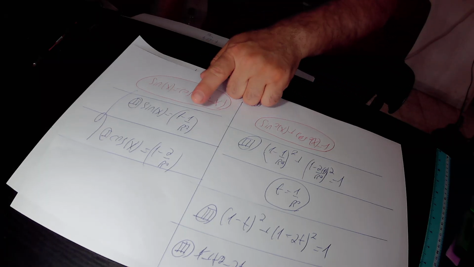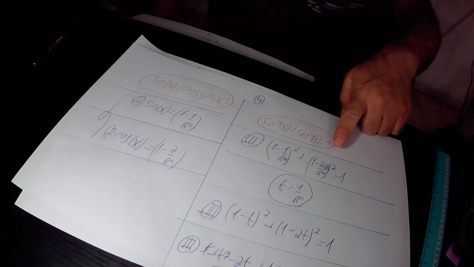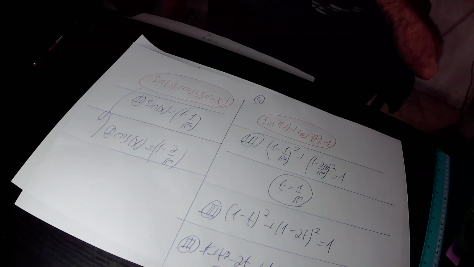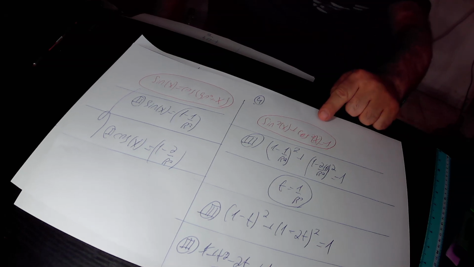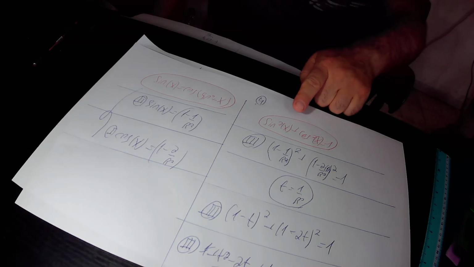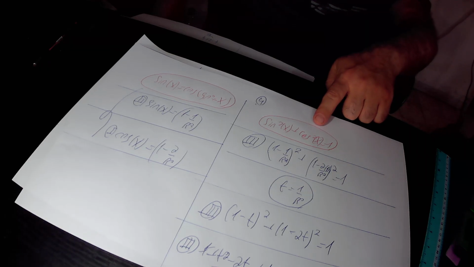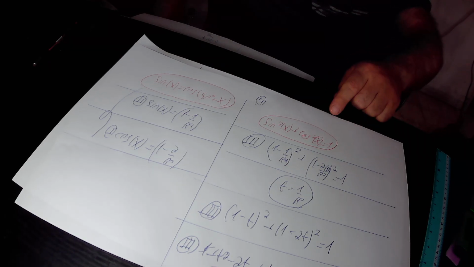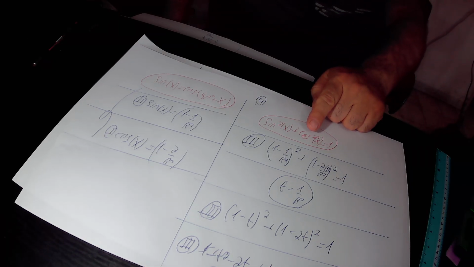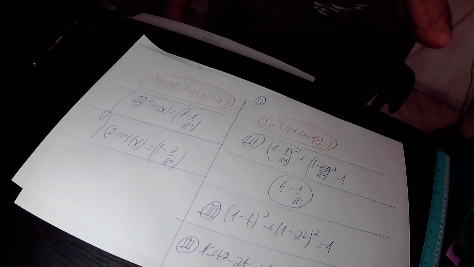Cosine x equals 1 minus 2 over r squared, therefore cosine squared x will be equal to (1 minus 2 over r squared) squared. According to this trigonometric identity, it equals 1. So according to equation 3, we found out that (1 minus 1 over r squared) squared plus (1 minus 2 over r squared) squared equals 1.